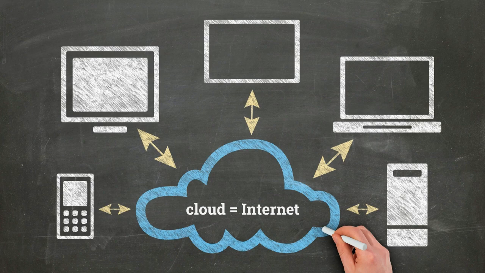And the two-way arrows that you can see going out of each one of those devices to the cloud would indicate the process of uploading and downloading information. So, if you wanted to add something to the cloud, you would go through the process called uploading.